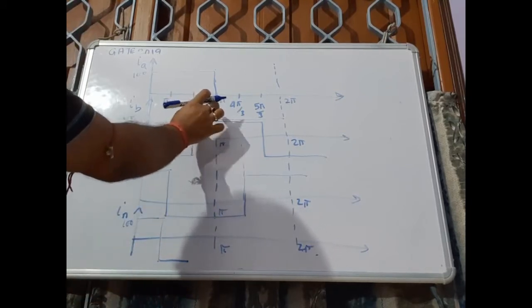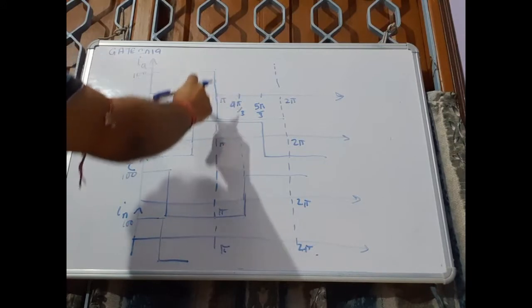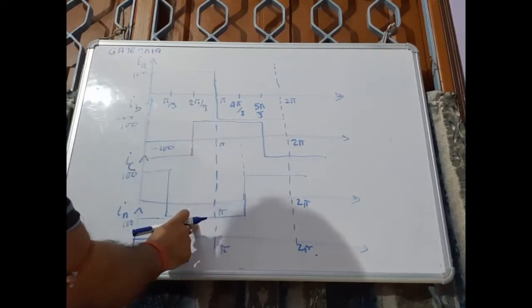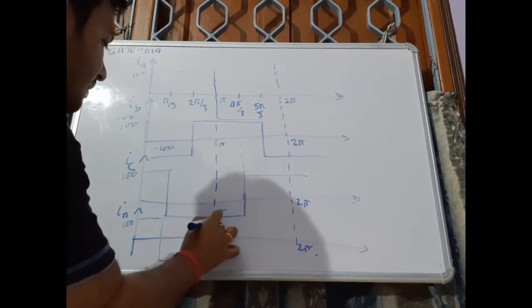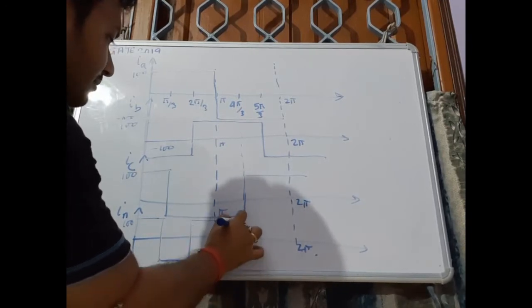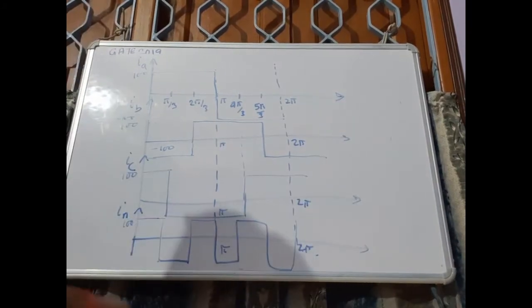From 2 pi by 3 to pi we have plus 100 plus 100 minus 100, so it will be plus 100 like this. It will be like this.